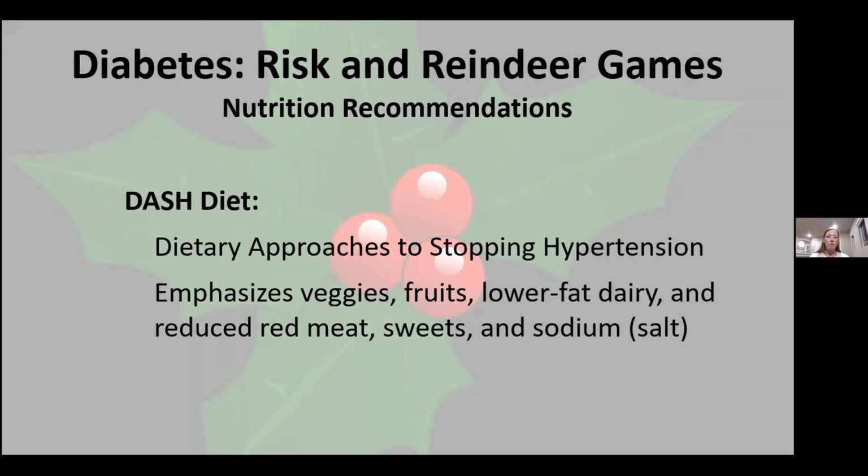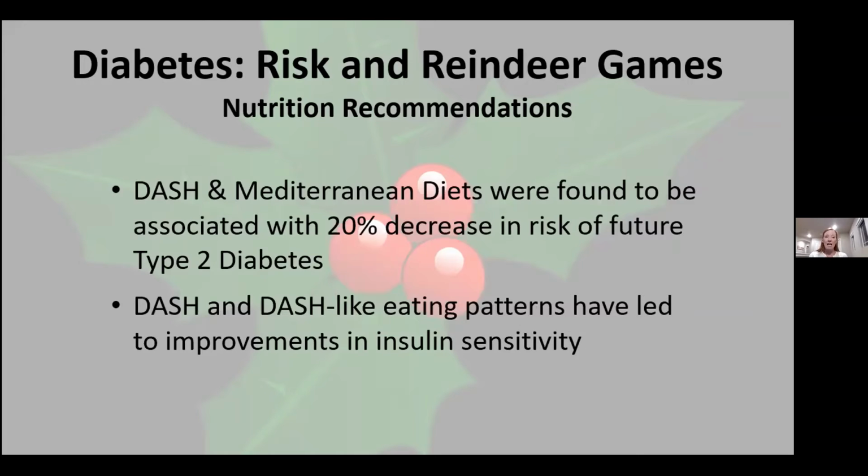The DASH diet emphasizes veggies, fruit, lower fat dairy, and reduced red meat, sweets, and sodium, also called salt. The DASH diet and the Mediterranean diet were both found to be associated with a 20% decrease in the risk of future type 2 diabetes. And DASH-like eating patterns have led to improvements in insulin sensitivity.